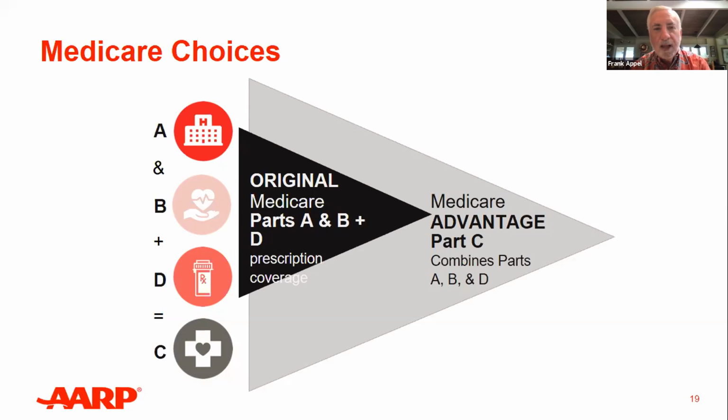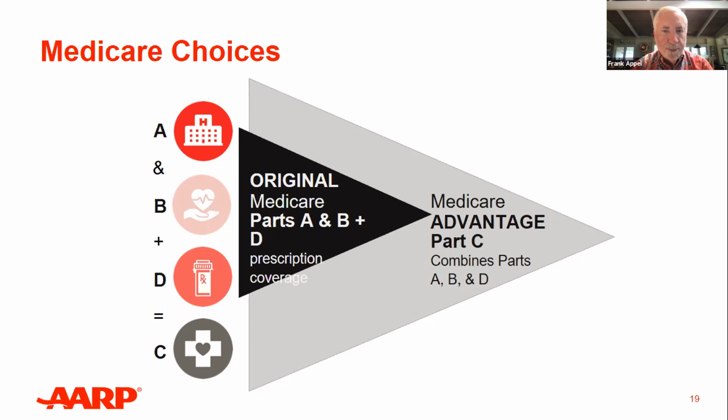Okay. So let's talk about the choices that you get to make about how you want to receive your Medicare benefits. In this black triangle is first choice, original Medicare, which includes Part A and Part B, and you add Part D, prescription drug coverage, and we'll talk about that choice.